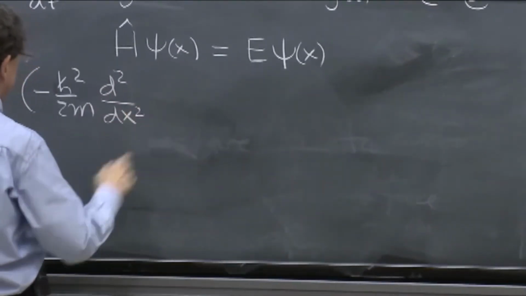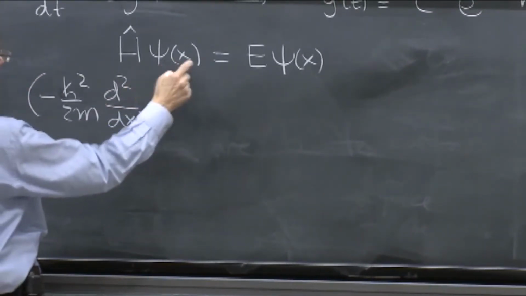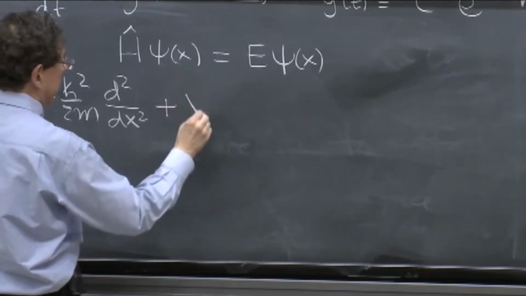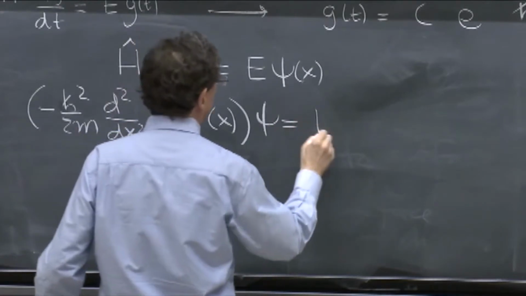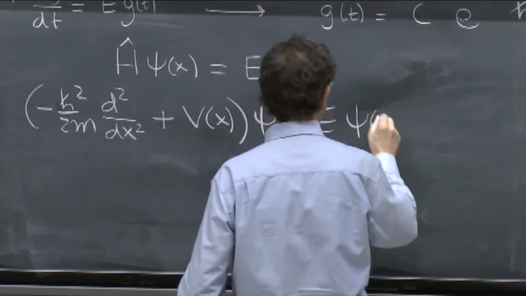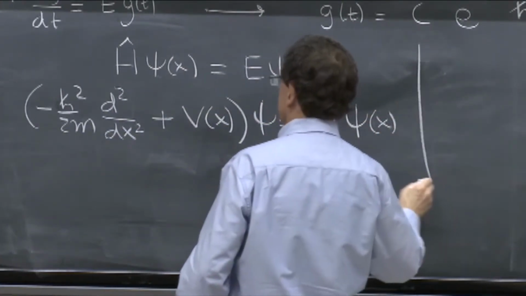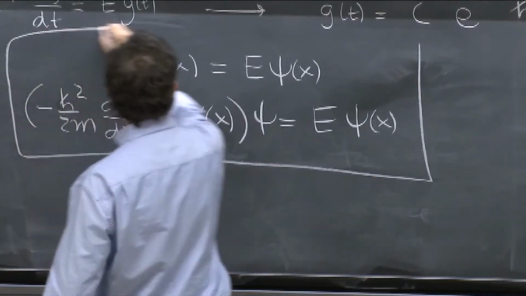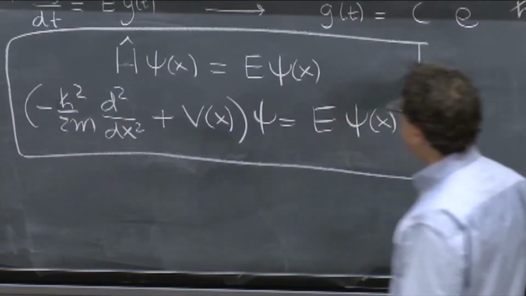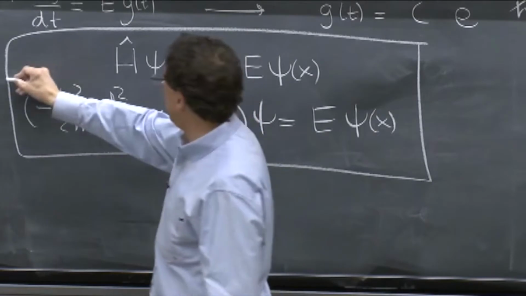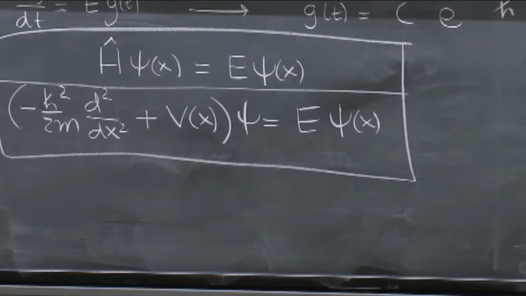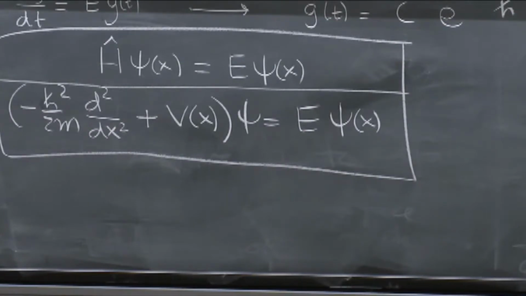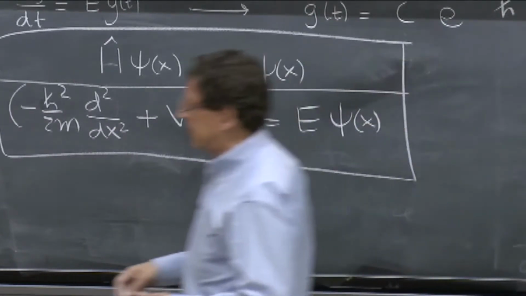I can use normal derivatives here because this is just a function of x, plus V of x, psi is equal to E psi of x. This is the same equation that I'm boxing twice because it's written in those two ways, and both ways are very important. And this is part of solving for stationary states.